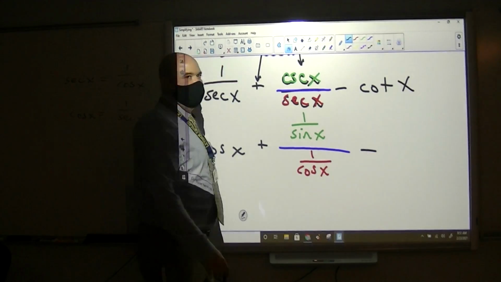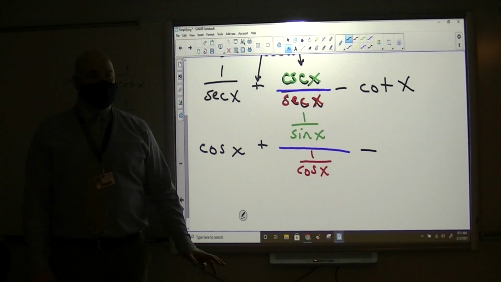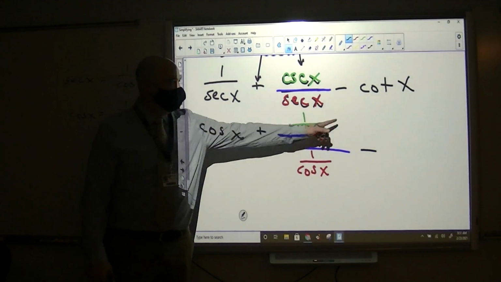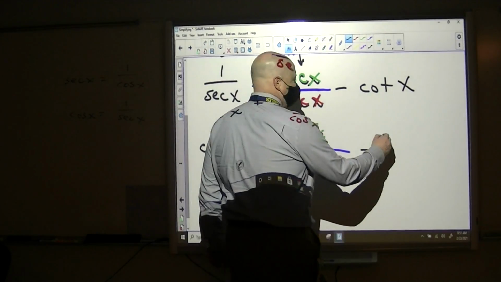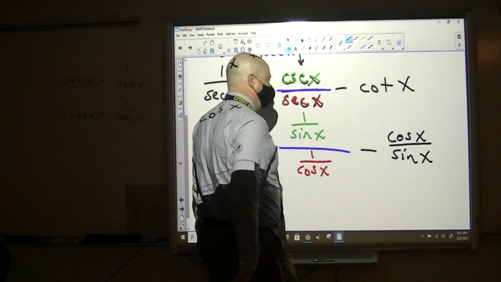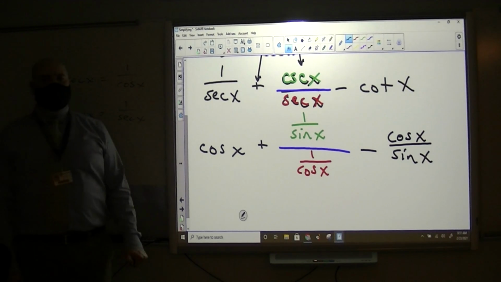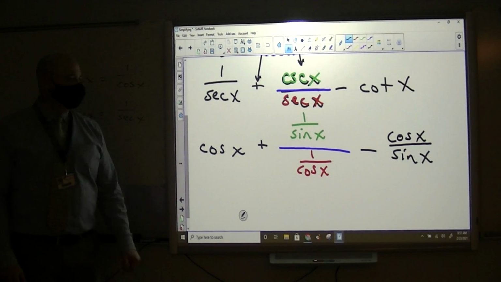Cotangent, in terms of sine and cosine, as we're trying to do here, right? Cosine, sine, cosine. Cotangent is cosine x over sine x. So there's the tool used, writing everything in terms of sine and cosine.